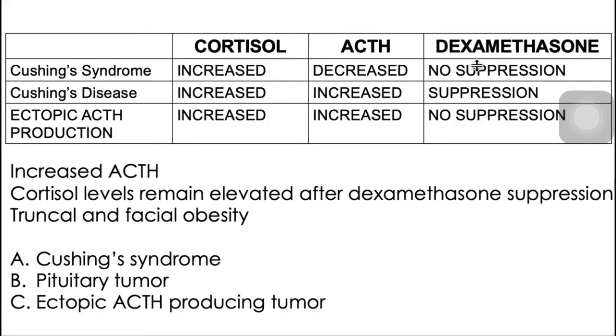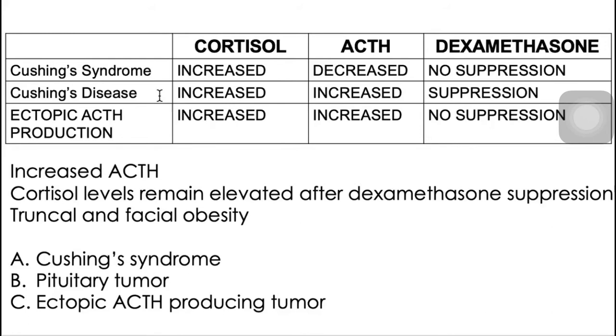So, ibig sabihin kapag hindi siya na-suppress, even after administering dexamethasone, mataas pa rin ang level ng cortisol kasi nga hindi siya na-suppress ng dexamethasone. Pero pag may case po ng Cushing's disease, this one will be suppressed. So dexamethasone will suppress the adrenocorticotrophic hormone, hence resulting to decrease in the cortisol. So after administering dexamethasone, mag-normal na yung level ng cortisol kapag case ng Cushing's disease.